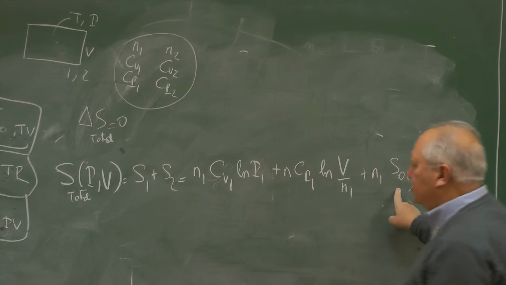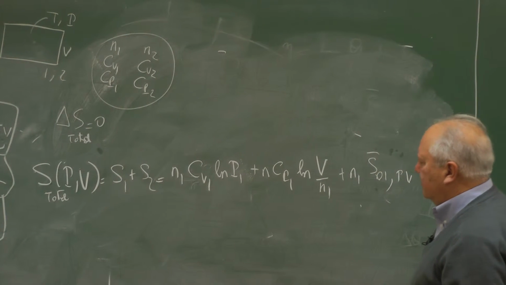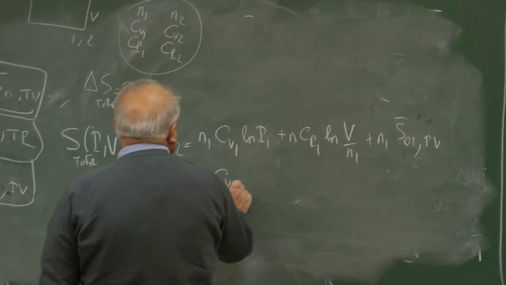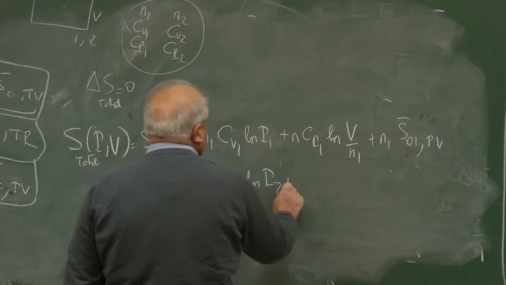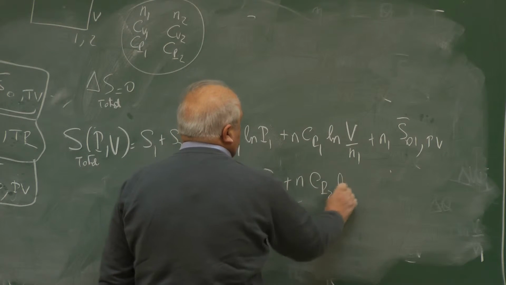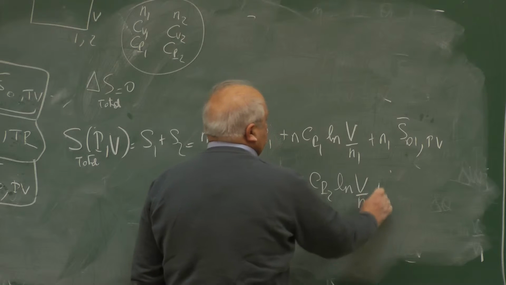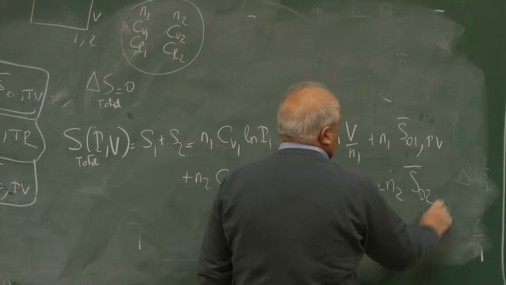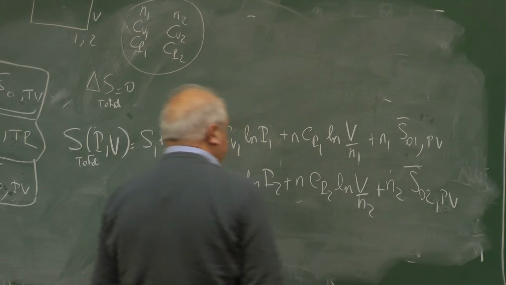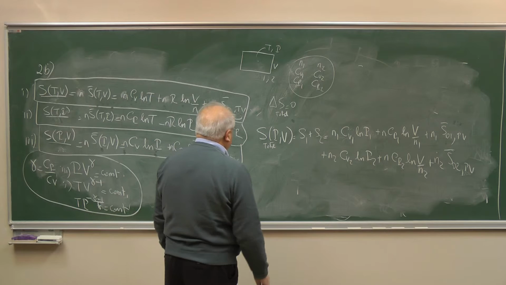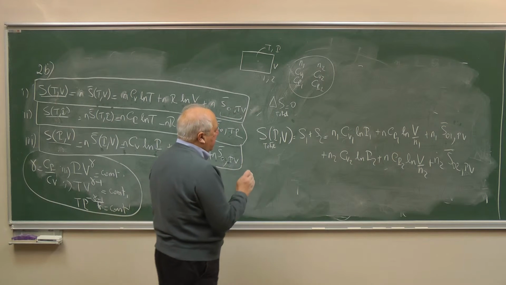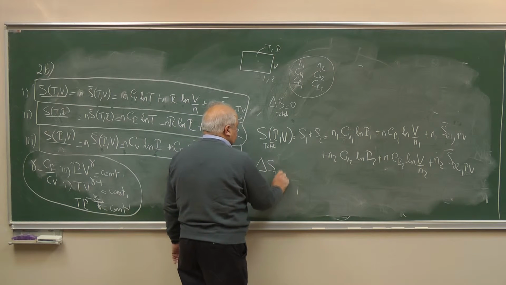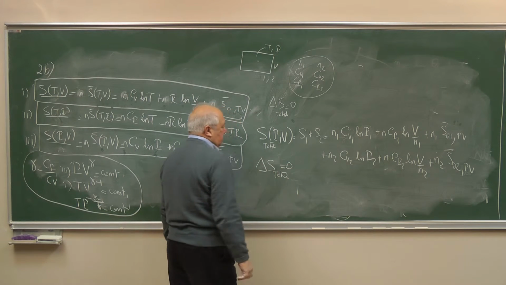So entropy constant of the first gas, plus we write the same thing for the second one: N2 CV2 log P2 plus N2 CP2 log V over N2 plus N2 S02 PV. So we are trying to find out what happens if the total entropy does not change, as total is equal to 0.